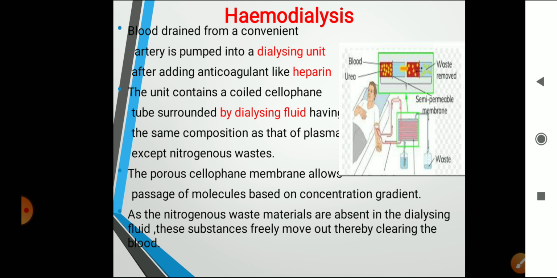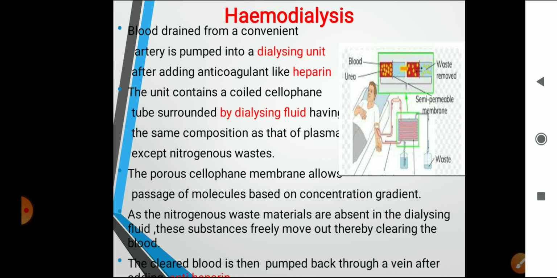After that, the blood is allowed to go back into the body of the patient. The cleared blood is then pumped back through a vein after giving an injection, right? Earlier it was a heparin injection, now an anti-heparin injection will be given, so that inside the body there will be no coagulation, and the process of clotting will not be stopped when there is a natural wound. Okay, so this is how hemodialysis is done.